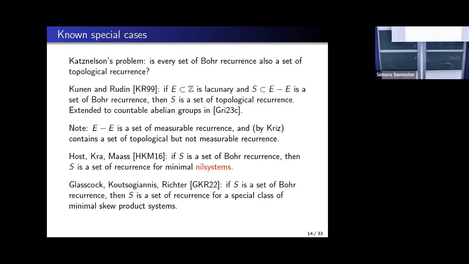So that's really what they proved. For some reason they said lacunary, but they talk about I0 sets in the paper, and they really proved this. I just wrote it up in the language of recurrence in this paper in 2023.